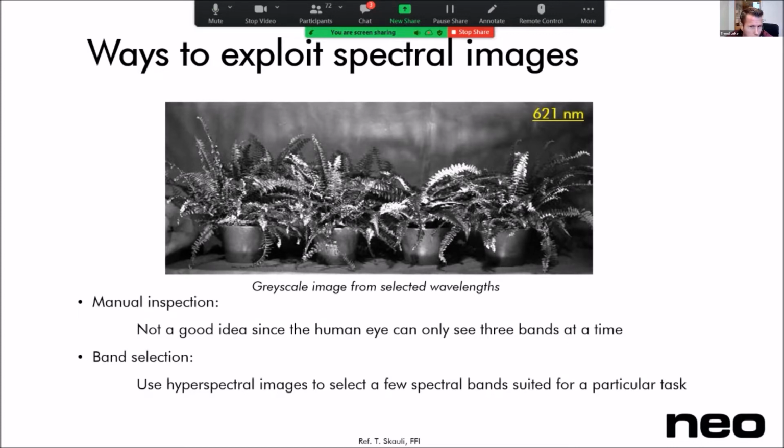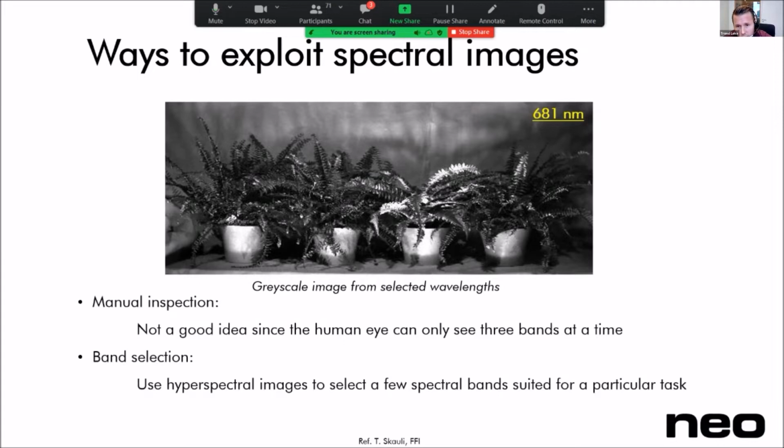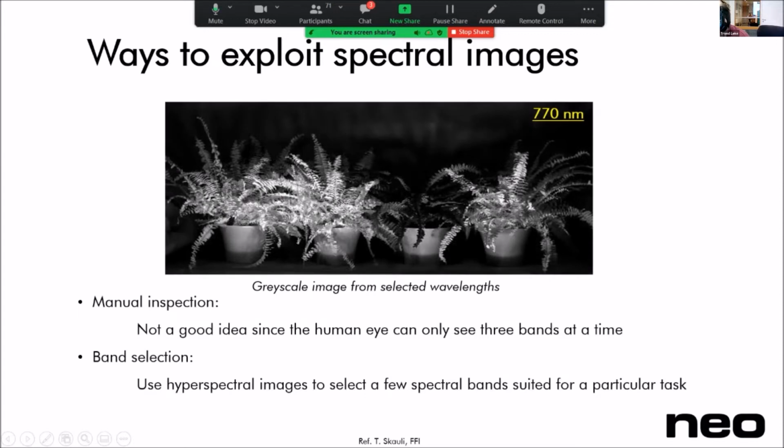621 is in the red band. Still, they're looking quite similar, because this is what your eye is seeing, right? And in the 681, you can start to see differences between the 4 plants. Yeah, so if you go to 770, that's on top of the chlorophyll edge.